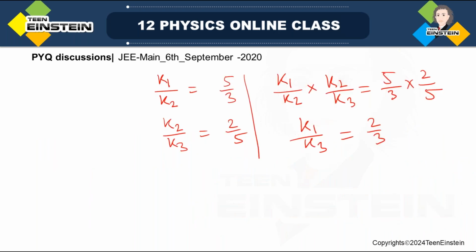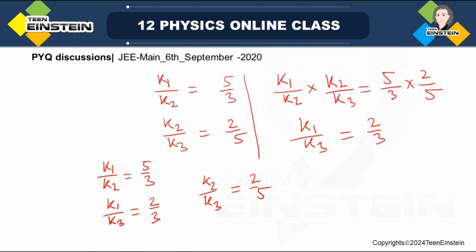Okay, so K1 is to K2, we had got 5 by 3. If K1 by K3 is given in the answer, then check, it will be 2 by 3, and K2 by K3, which we have got 2 by 5.